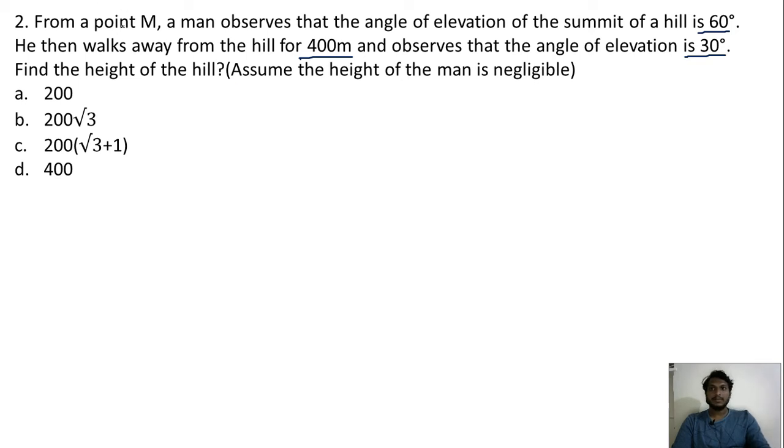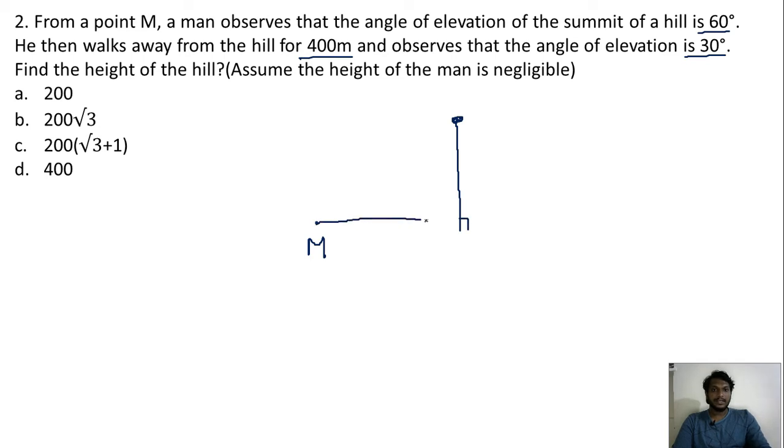Now from a point M, so this is the point M, the man observes the angle of elevation of the summit of the hill. So if this is the hill, now the hill is not in a straight line, but here this is the summit of the hill. Now this is the line drawn perpendicular to the ground.